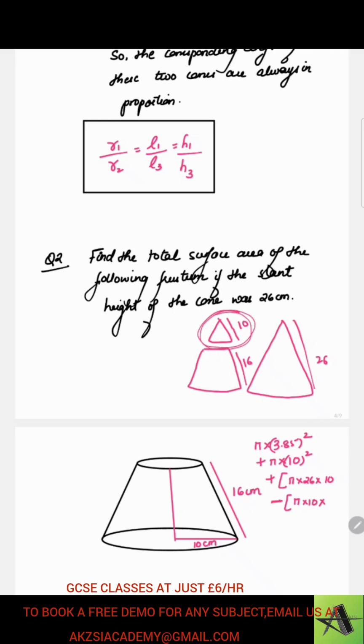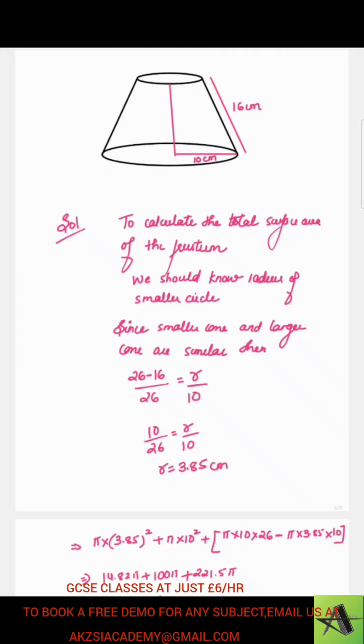So the smaller cone has a slant height 10 and radius as 3.85.